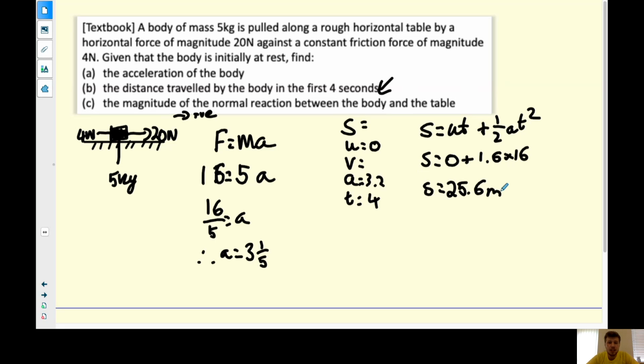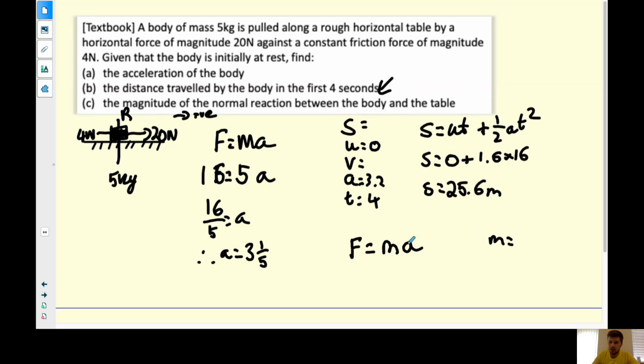Okay, and the magnitude of the normal reaction between the body and the table. Well, the magnitude of a normal reaction would be for this force here, which I didn't draw on earlier, which I should have done. So again, I want to know what this resultant force is. Well, we need to know our mass and our acceleration.